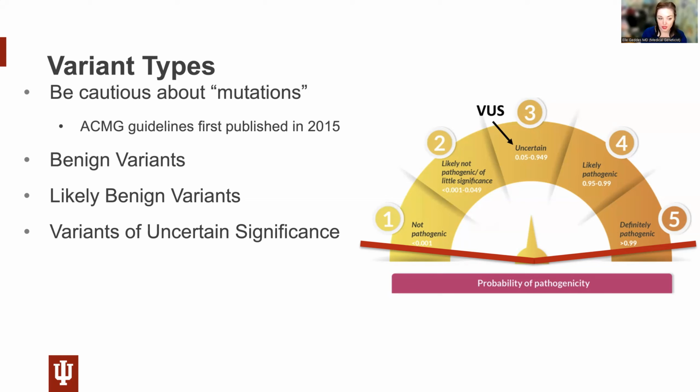And that's especially true in heterotaxy with ciliopathy genes. And then there is the likely pathogenic or likely disease-causing variants, which are the top sort of 5% of variants.